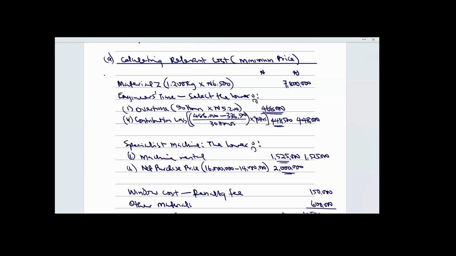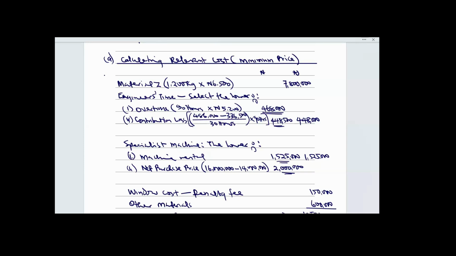So the thing is that the examiner has already told you that 1,200 kilogram of material Z will be required for the contract to build the house. You need 1,200 kilogram. And you are told that this material is regularly in use. When I was explaining the concept, I mentioned that when you are told that material is in frequent use and will be replaced, you are less concerned with what you have in the warehouse or in the stock.